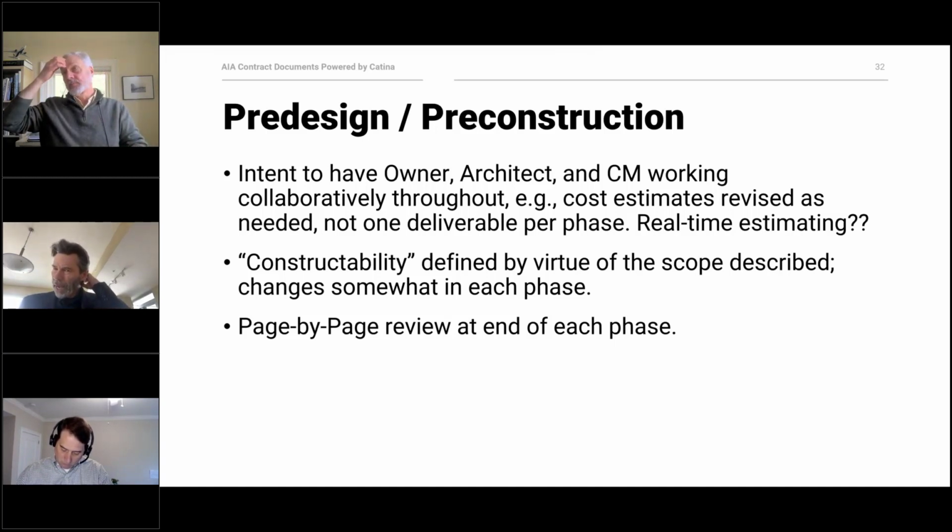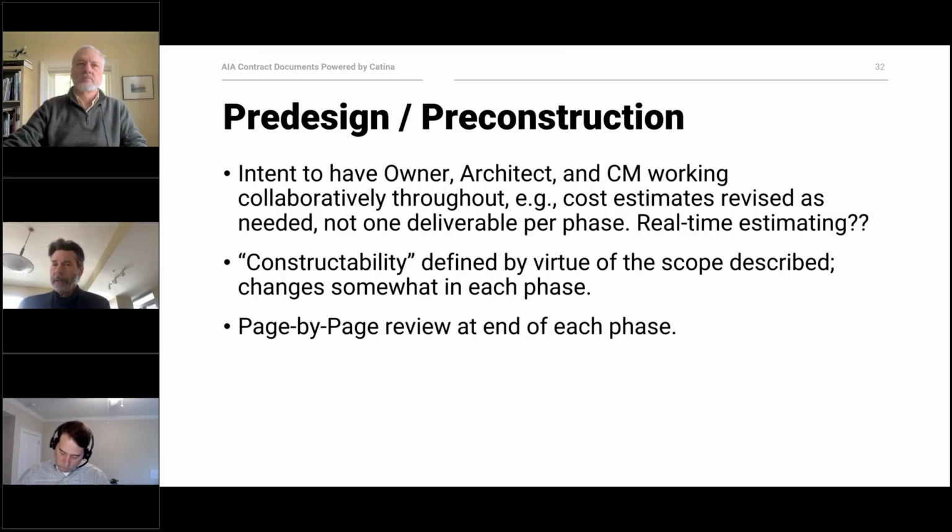What these documents try to do is to highlight and to bring more emphasis on the concept of constructability, because in actuality, different designs can have significantly different effects on how the construction process proceeds and the cost and the timing associated with that construction process.